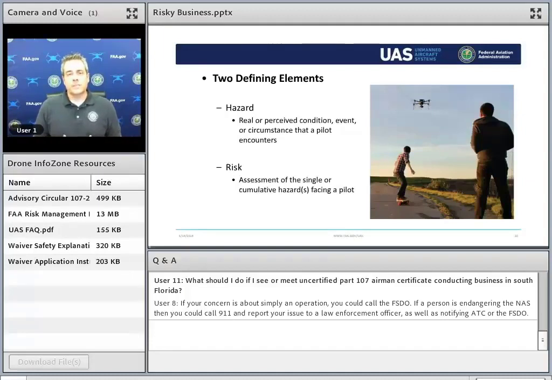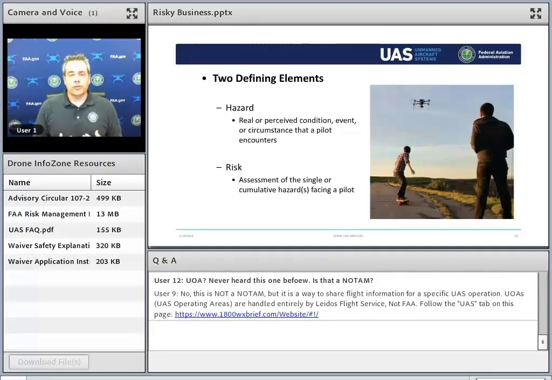So when we get into risk management, what we're really talking about are two defining elements: hazard and risk. The hazard is the real or perceived condition that you may see or experience as the pilot. Something that you encounter out there. We're going to use this photo a few times in today's presentation to talk about hazards and risk.